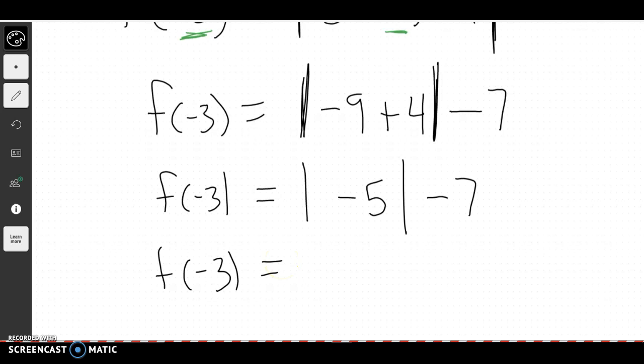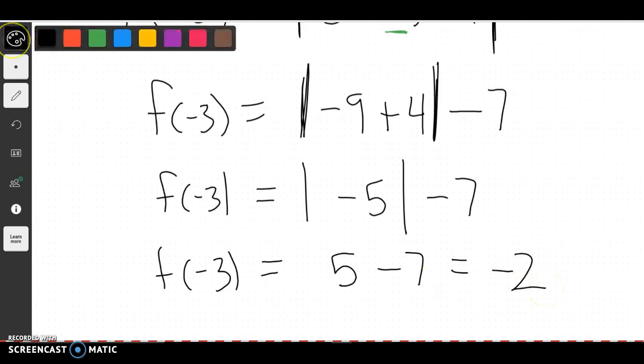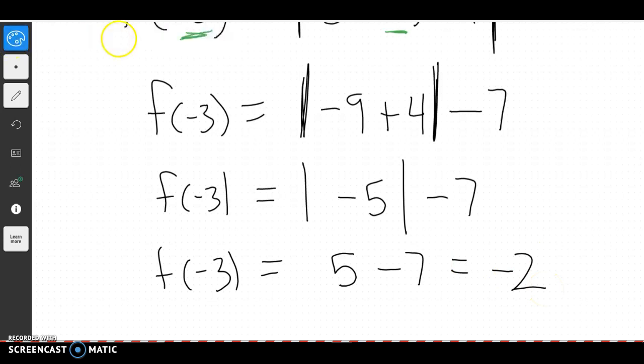Absolute value is a distance, so it can't be negative, and it asks for the distance from 0. So negative 5 is 5 units from 0, so that changes it from a negative to a positive. And then we'll have 5 minus 7, which we know is negative 2. So we would find our answer here, that f of negative 3 is equal to negative 2.